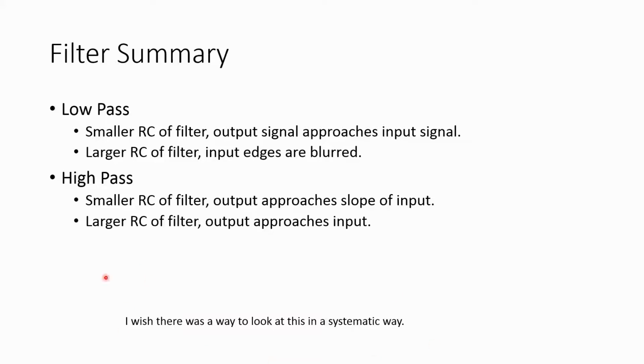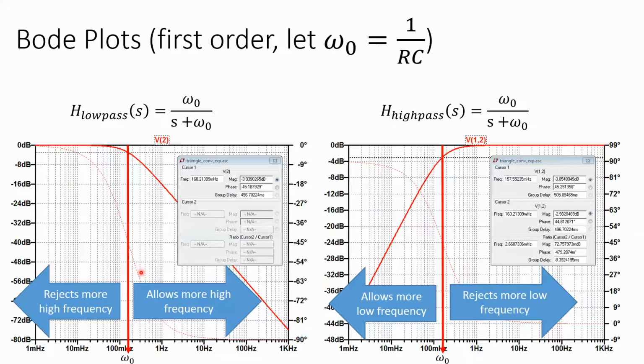Now, that's a great intuitive way to look at things, but it'd be nicer to have a systematic way to do that. Well, we're in luck. We have Bode plots. We have the transfer function of a low pass, and the transfer function of a high pass. Sorry, there should be an S here, but I'm too far into this video to go back. That's a high pass, and there's no omega naught.